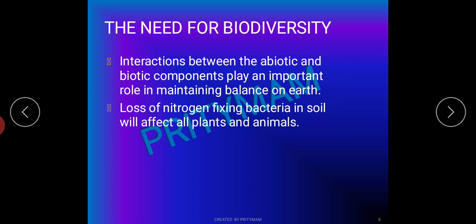The loss of a few organisms affects the whole balance. If I give you one example, the loss of nitrogen fixing bacteria in the soil will affect all the plants and the animals. And thus it is necessary to maintain biodiversity on the earth.